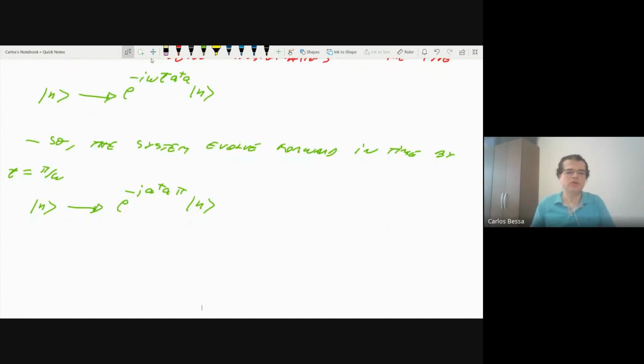And now you use the definition of the exponential of an operator.